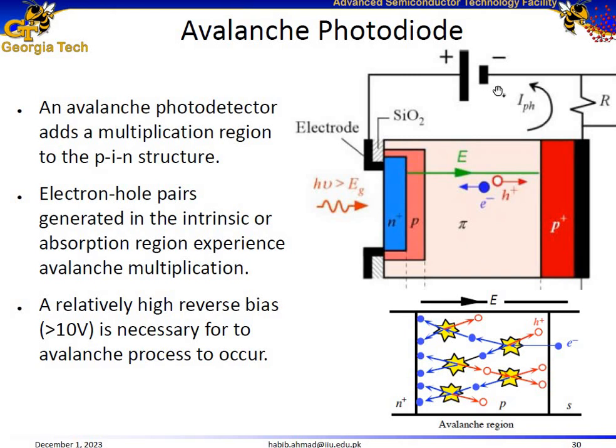Secondly, the avalanche photodiode operates at relatively high voltages as compared to the PIN photodiode. It is supposed to operate at more than 10 volts. The high voltage is necessary for the operation of the avalanche photodiode.